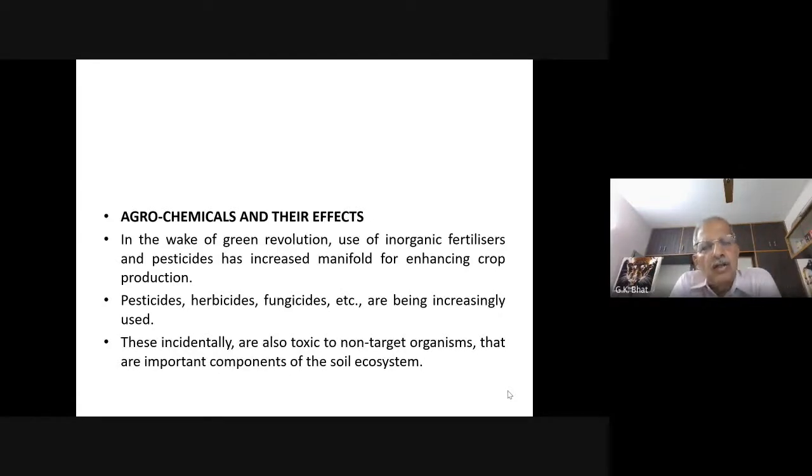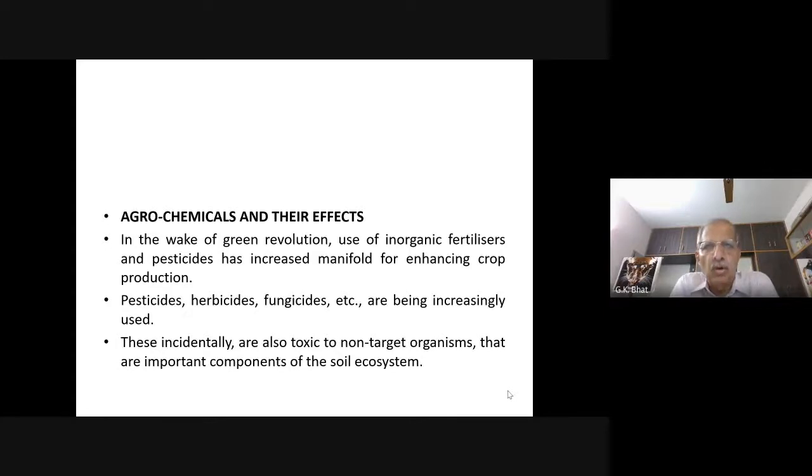And also they learned to use these chemicals to just get rid of the pests, what you call pesticides. So, in the wake of Green Revolution, use of inorganic fertilizers and pesticides has increased manifold for enhancing crop production.